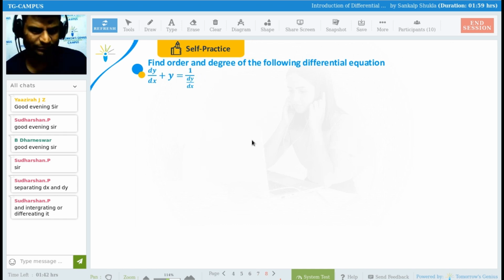Now you guys please try this one. What will be the order and degree of this question? dy by dx plus y is equal to 1 upon dy by dx.